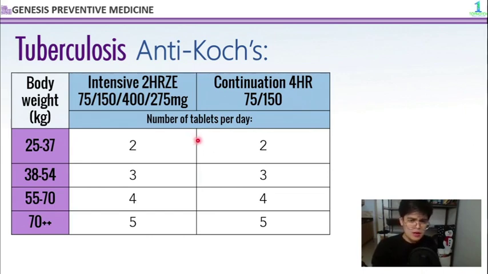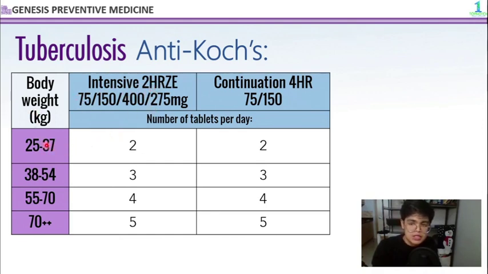What may be more commonly asked or more high yield for the upcoming exam is just counting the number of quad tablets to be given per day to the patients, because they're all already calibrated to a certain weight. So 75, 150, 400, 275 is the division for the HRZE.